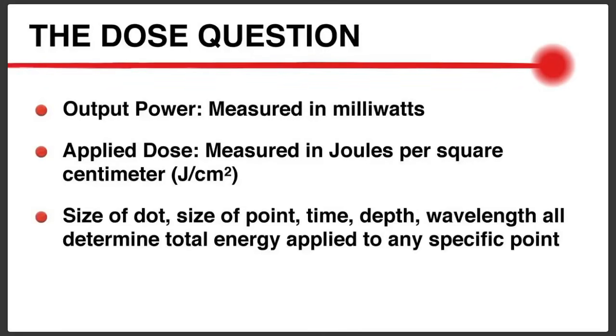And measuring joules per square centimeter gets a lot more complicated because all of these factors that I listed here, the size of the dot, the time, the depth, the wavelength, all of that goes into that equation to determine how much of a dose you really put. You could have a very weak laser, but a very tiny dot and be putting a lot of energy in a very tiny point. Versus if you're trying to stimulate an entire square centimeter, well, then you're going to have an awful lot of energy because laser dots are a lot smaller than a square centimeter.